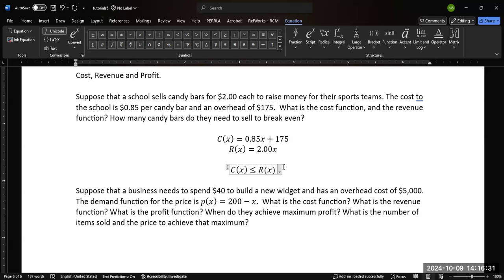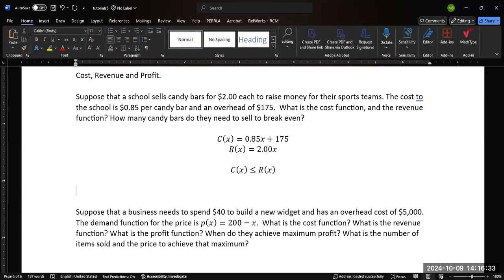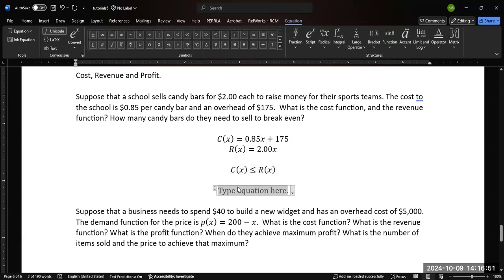Now, I'll go ahead and solve it as though it's an equation because that's just easier to work with. But keep in mind, this is really in the background. It's when the revenue equals or just barely exceeds the cost. That's the actual break-even point. All right, so let's solve this.